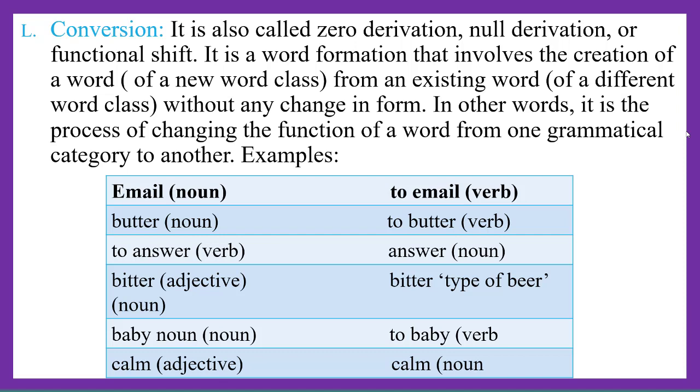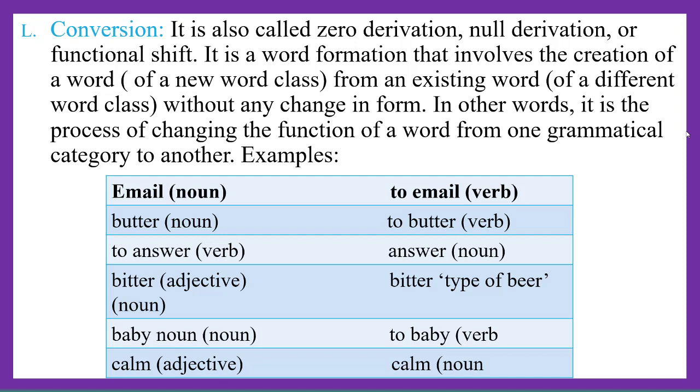In other words, it is the process of changing the function of a word from one grammatical category to another. So here conversion looks a little bit like back formation. Back formation forms new words from an existing word, but there is a morphological change: editor to edit, for example. So here we create, for example, a verb, right?